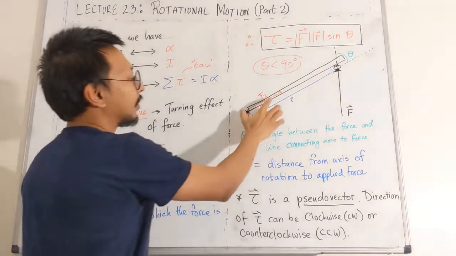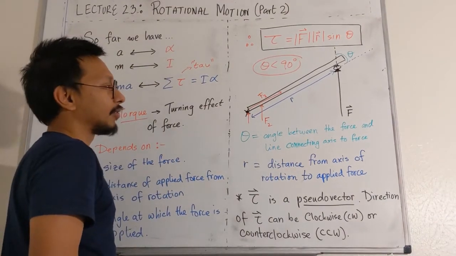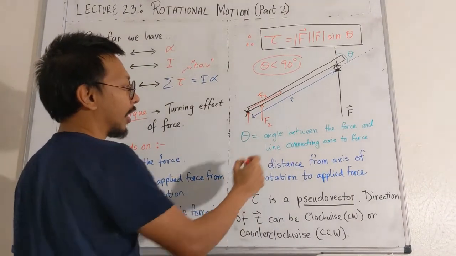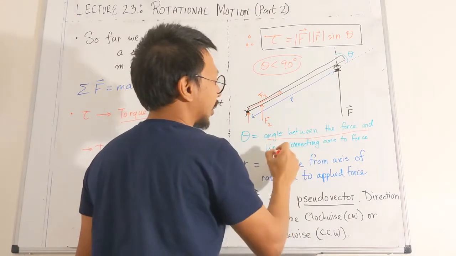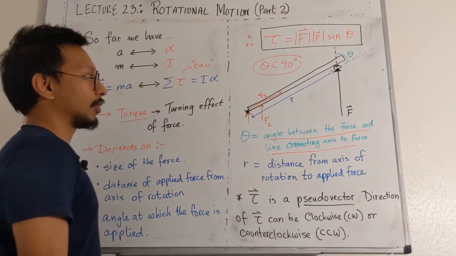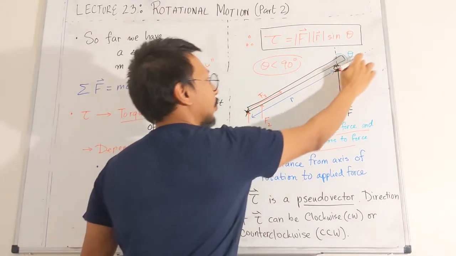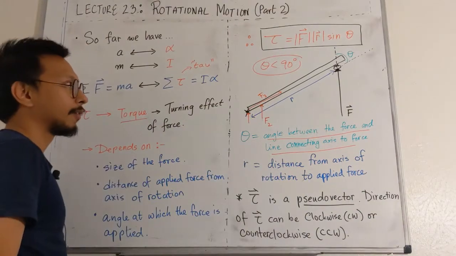If the angle at which the force is applied is 0, what is this angle? Let's look. Angle is the angle between the force and the line connecting the axis to the force. The line connecting the axis to the force is this blue line right here, right?